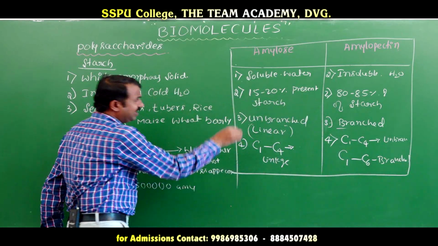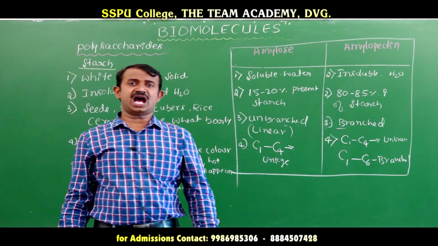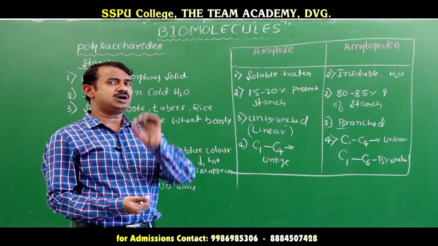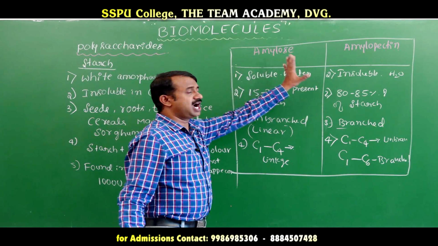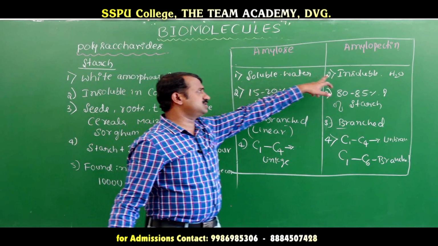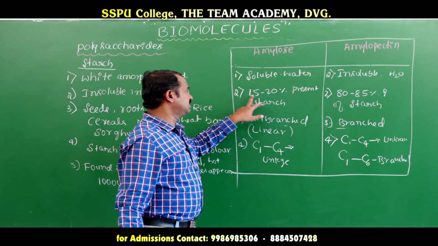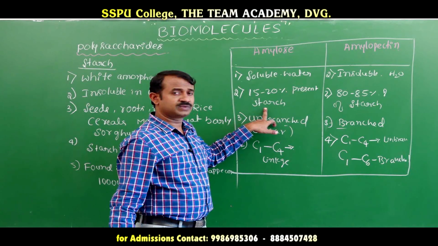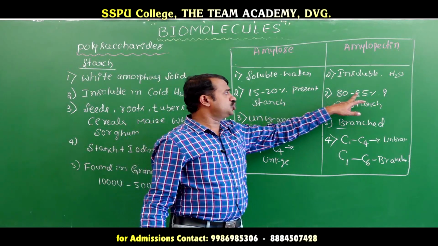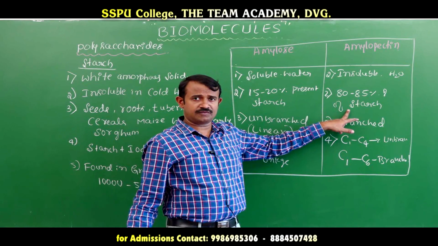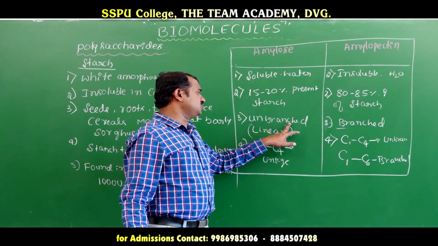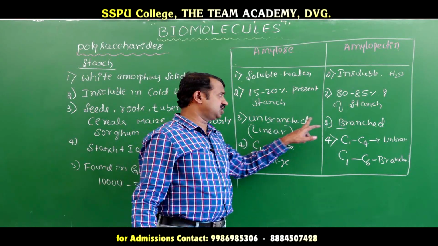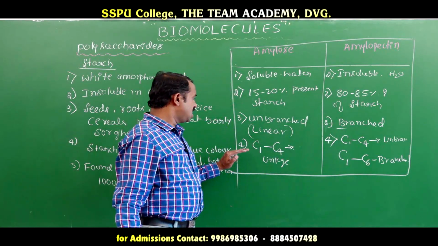This is the difference between amylose and amylopectin. One is soluble in water, the other insoluble. One is 15 to 20% of starch, the other 80 to 85%. Amylose is a linear chain, unbranched, amylopectin is branched.